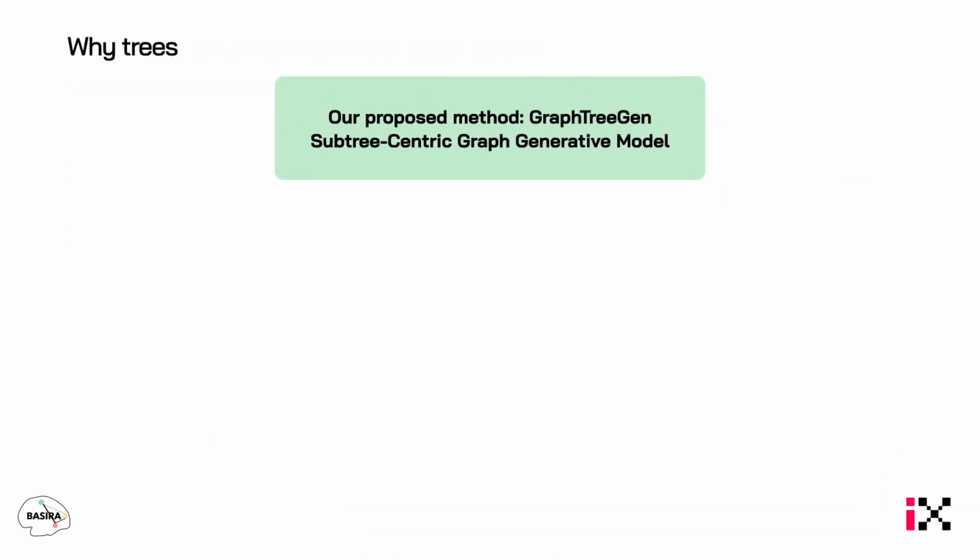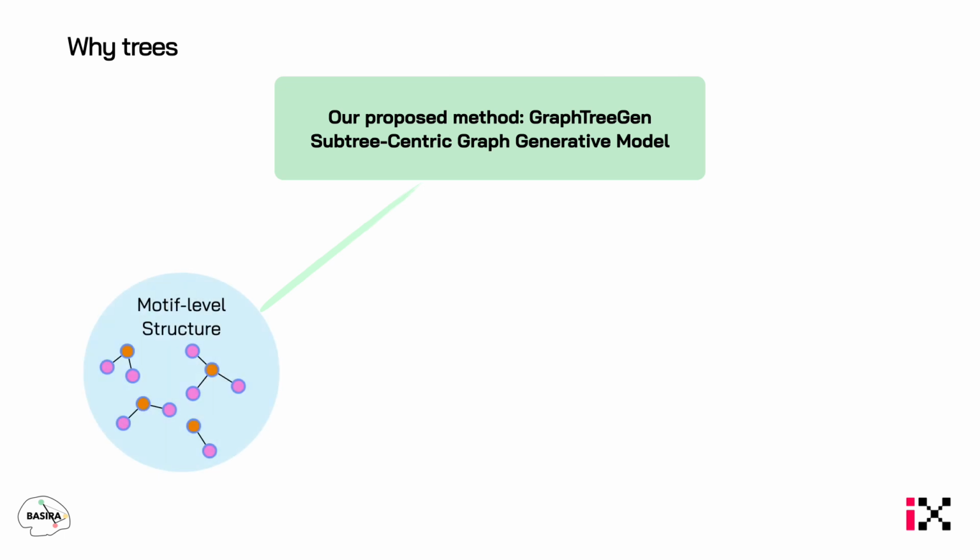Why do we use trees? First, subtrees serve as reusable motif tokens. This imposes a structural prior that highlights recurring patterns, communities, stars, and chains, and gives more structural information for further learning.